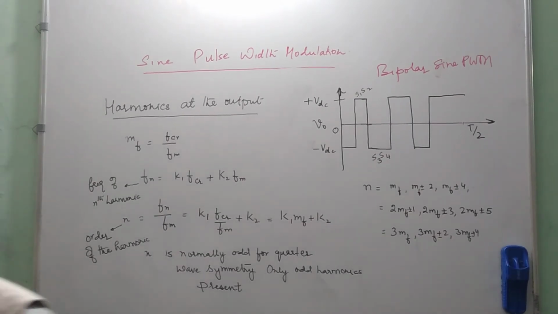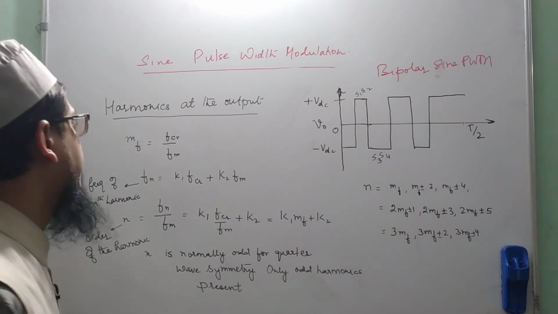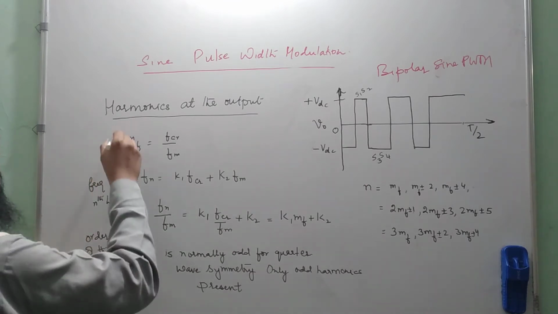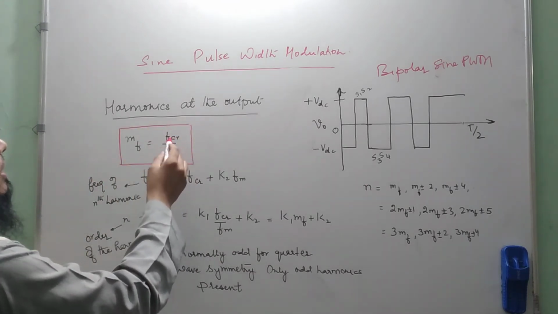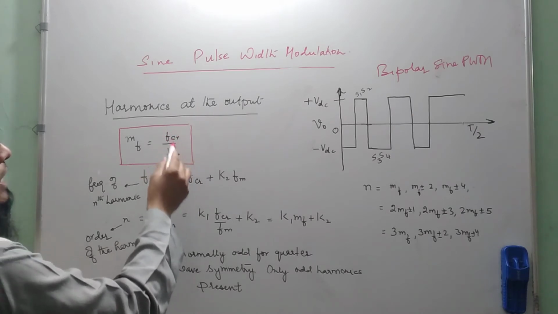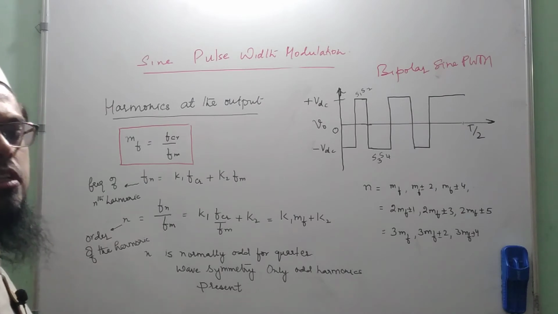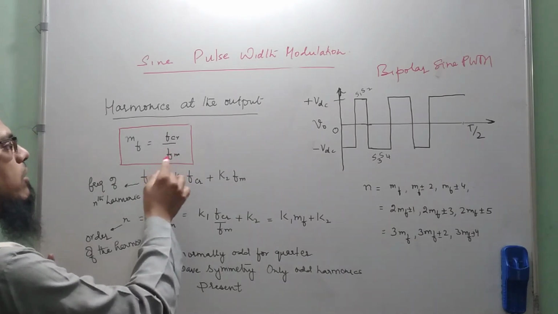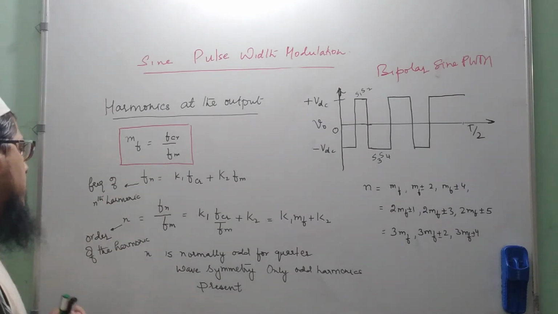Now let us see the various harmonics that are present in the output voltage waveform. We have already defined the term MF, which is given by the ratio of the frequency of the carrier wave and the frequency of the modulating wave, which is a sinusoidal wave in our case, and the frequency is normally equal to the fundamental line frequency.